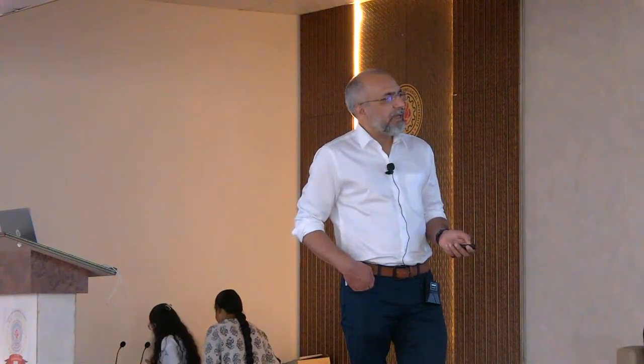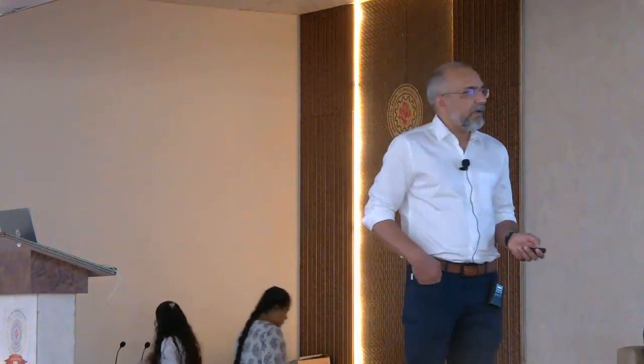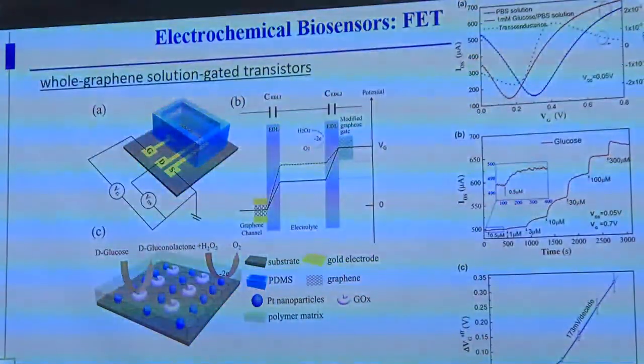And then simply you can find the linear region or linearity based on the delta VG, change in the gate voltage. So this is a very, very standard or very basic application of FET, how they can be used for glucose sensing application.